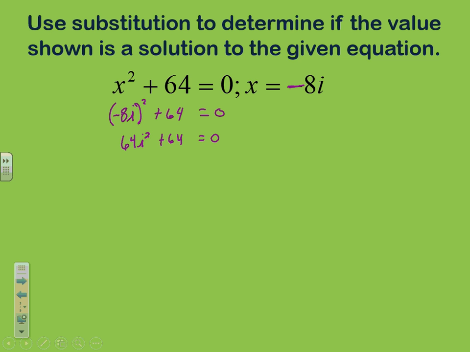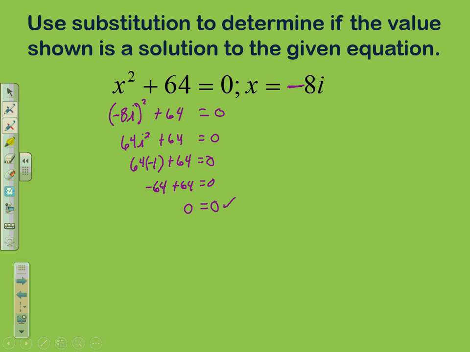Now again, from previous lessons, we've established that i squared is really just the number negative 1, so we'll substitute negative 1 in for i squared, and 64 times negative 1 gives me negative 64 here, plus 64 here, to be equal to 0. And negative 64 and a positive 64 are opposites, so that looks like it works out to be a good solution.